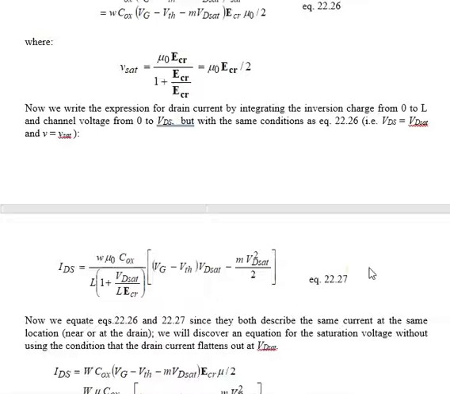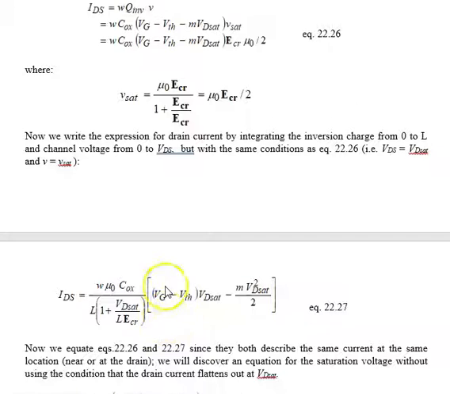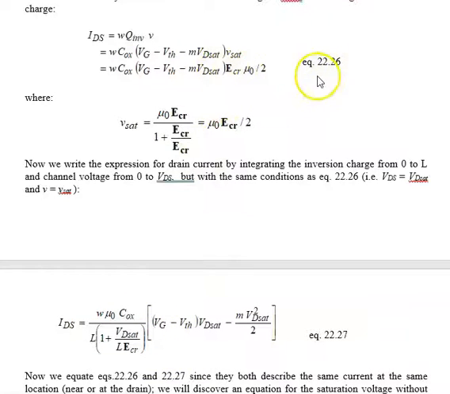Now we continue. We can also write the current using our previous formulation, using equation 22.13b, and this is what we found before. This is the current using the smooth curved approximation, where we have this new term in the denominator. Now, what we're going to claim is both equation 22.26 and equation 22.27 describe the same thing, namely the output current.